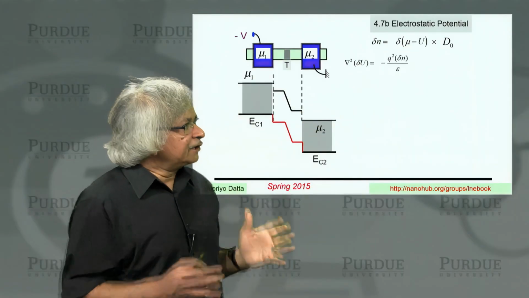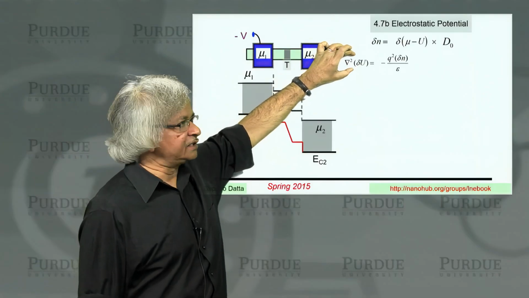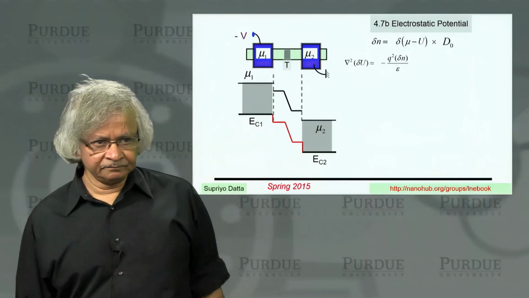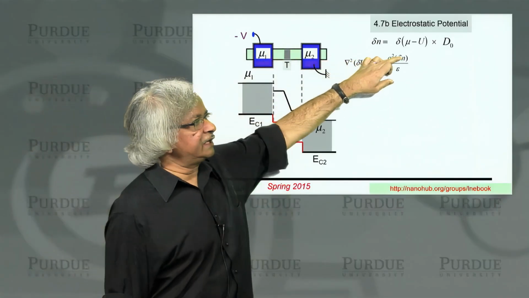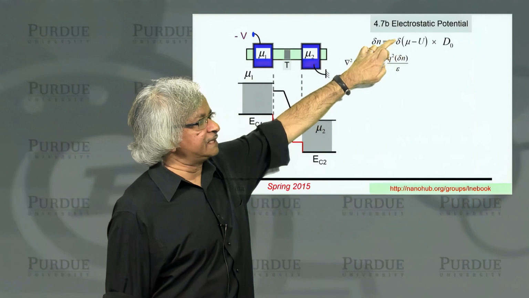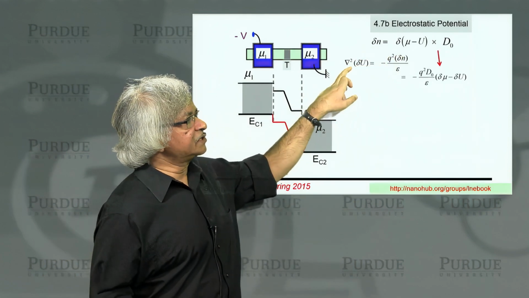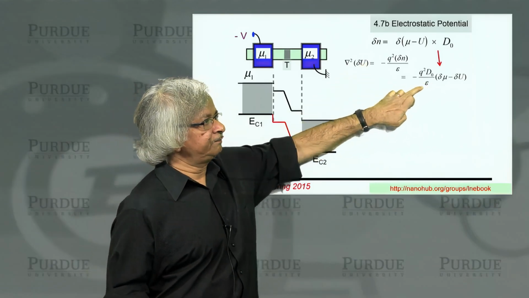But to calculate the actual change in the potential, this delta U, you start from the Poisson equation of electrostatics. And what we can do is take that delta n from here and replace it with the expression on top, so that you get del squared of U is given by that quantity.